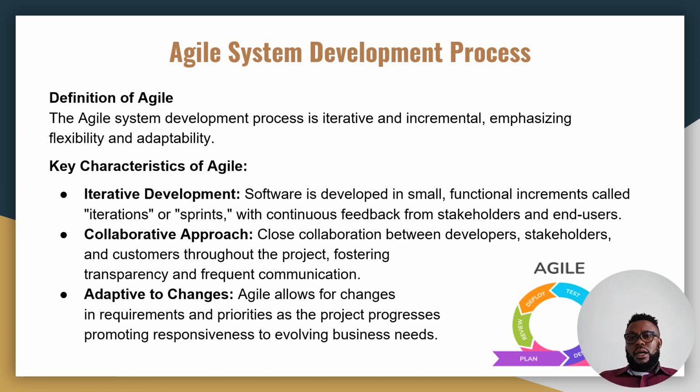It means the software is developed in small functional increments called iterations or sprints, which are usually made of 2-week sprints. There has to be close collaboration between the developer and the stakeholder for testing. Any change of plans or anything that comes in can easily be readjusted.